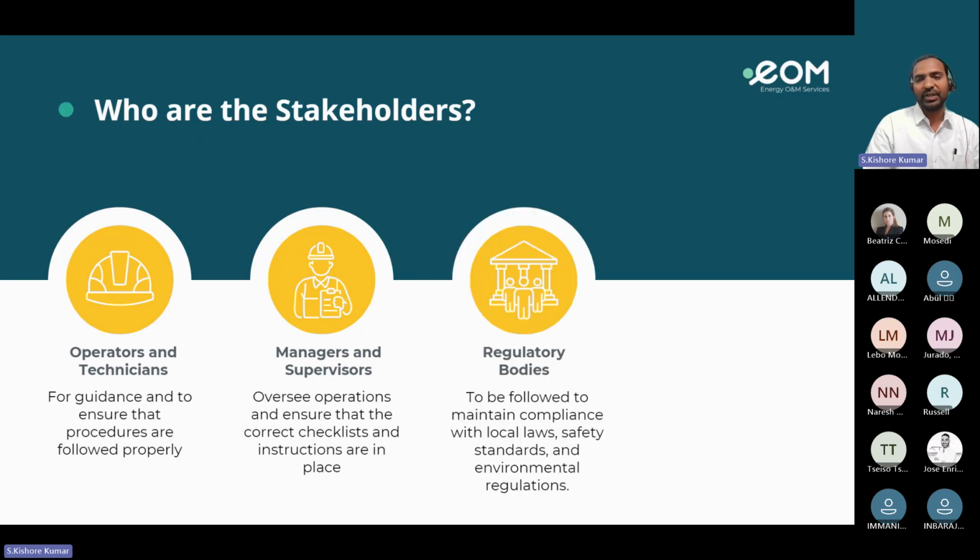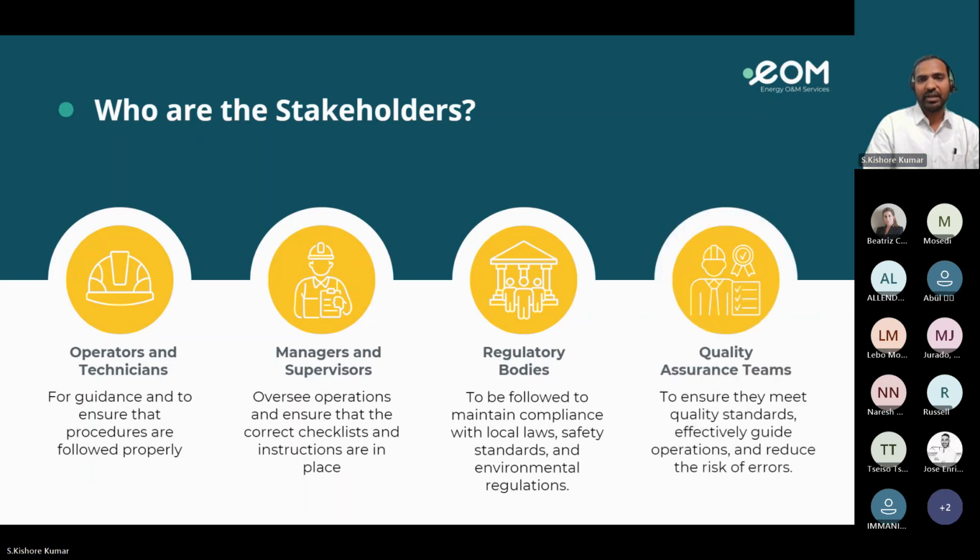Next one, regulatory bodies. Depending on the various industries, regulatory agencies may require certain checklists and instructions to follow to maintain compliance with local laws, safety standards, and environmental regulations. And quality assurance teams.